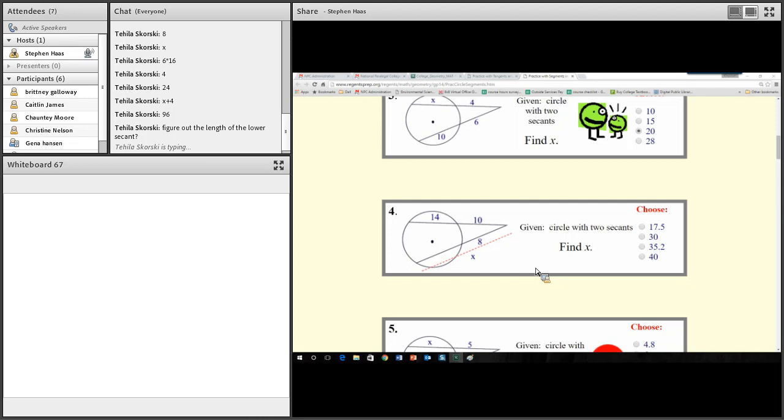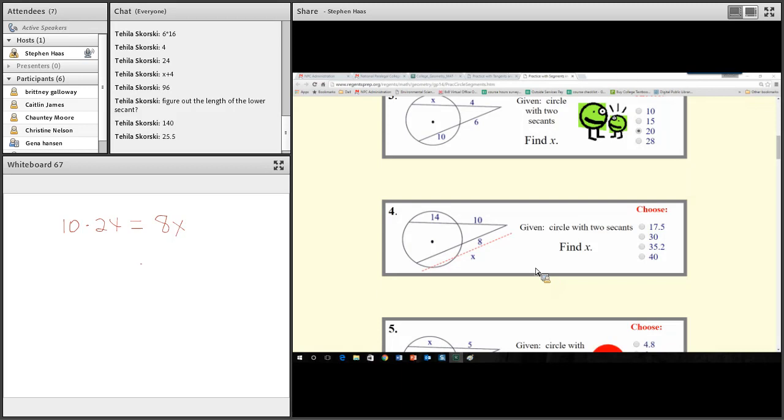So what is the top secant's ratio? Outer part is 10, times the entire thing, which is 10 plus 14, so it's actually 24. Remember, you've got to do the entire secant. Equals the bottom part, which is 8 on the outer part, and x on the entire thing. The entire secant is x, right?